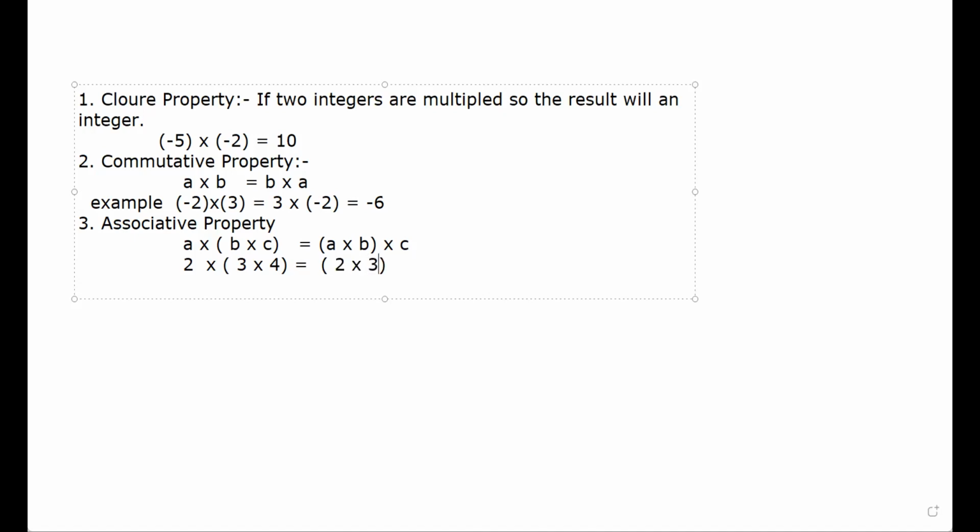You can see that on the left-hand side, the bracket is given, so we have to solve this bracket first. The 2 is written as it is, and we write 2 into the product of 3 into 4, multiplying 3 into 4 first.